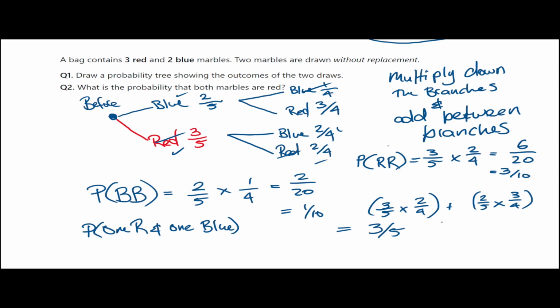So about, well, not about, but 60%. And that's basic conditional probability.